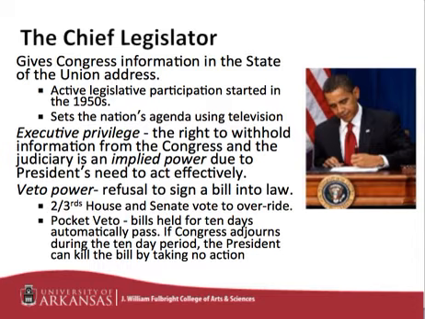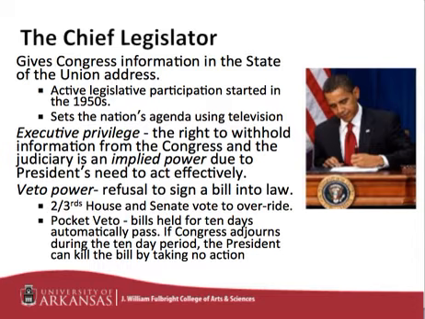And it is the use of television that makes it so powerful, because so many people are watching. Now, the president also has executive privilege, which is the right to withhold information from the Congress and the judiciary. Now, this is an implied power, and this is seen as due to the president's need to act effectively.